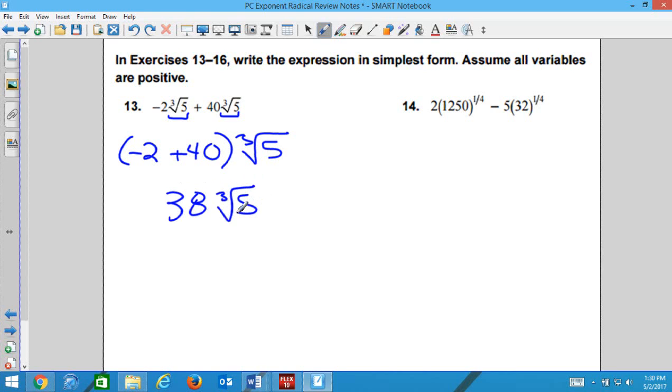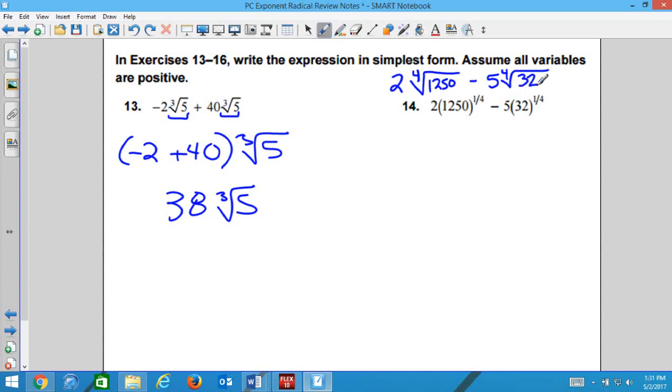That's just like terms. And then we go over to number 14. We do the same thing with 14. Okay, so the 1/4 power is the same thing as the 4th root of 1250 and the 4th root of 32.